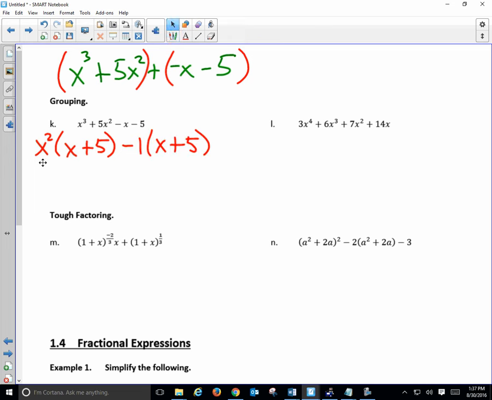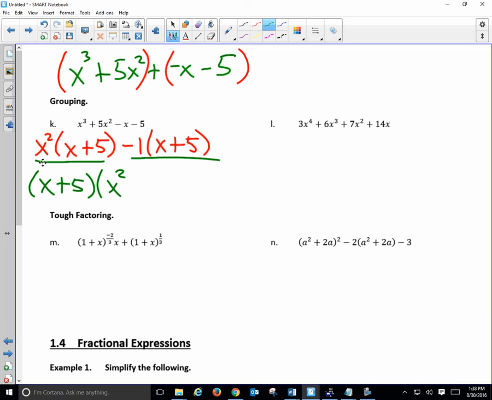I now have 2 remaining terms. What can I take out of each set that is the same? X plus 5. When you take out the x plus 5, you are left with an x squared and a minus 1. Am I done? I am not. X plus 5 times x plus 1 times x minus 1.